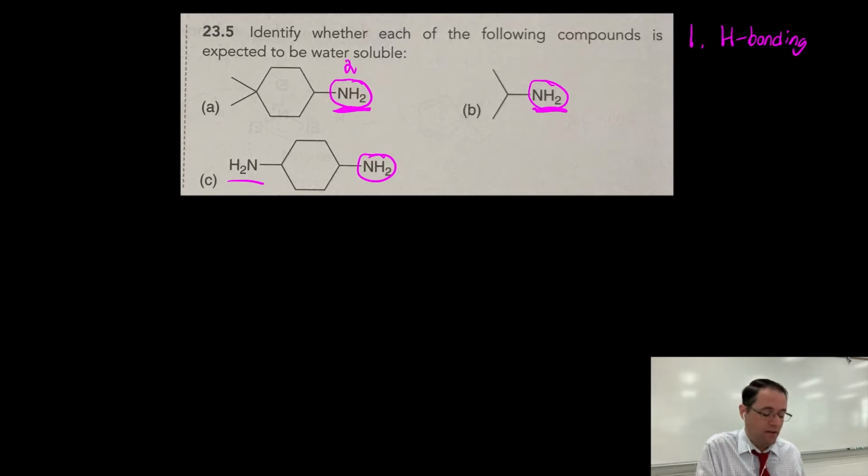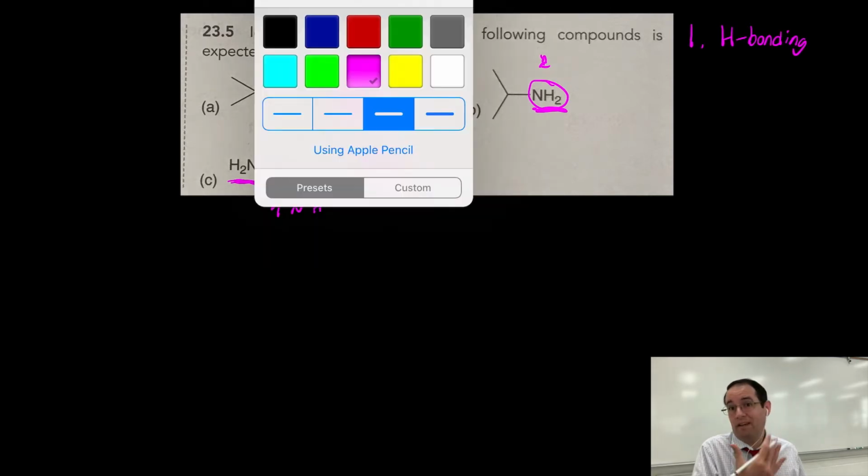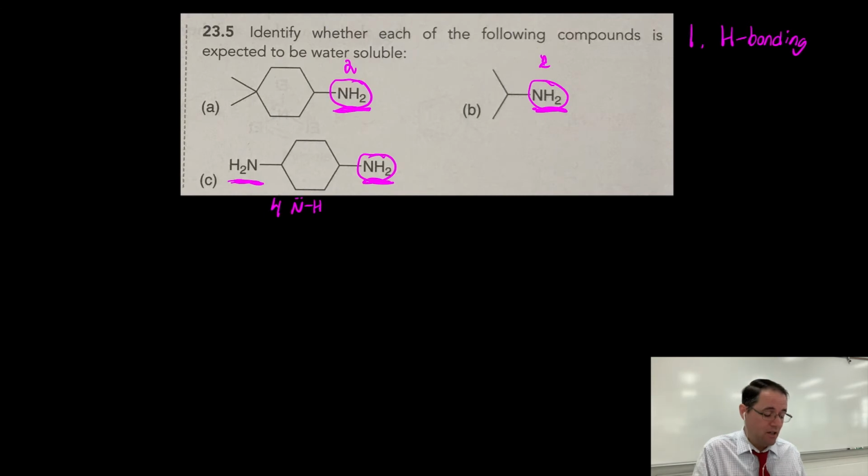This has 2 NH bonds. This has 2 NH bonds in the molecule. And this one here has 4 NH bonds. Since it has more NH bonds and an additional nitrogen with a lone pair, it can do twice the amount of hydrogen bonding. So molecule C is going to have the highest boiling point.